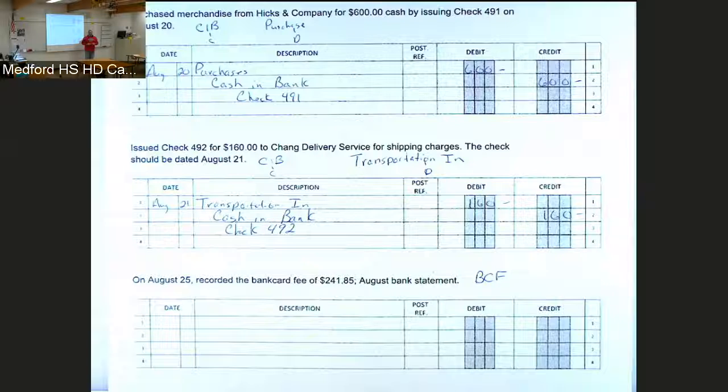What's the difference between an expense and cost of merchandise? Purchases is a cost of merchandise. Shipping of that merchandise is a cost of merchandise.